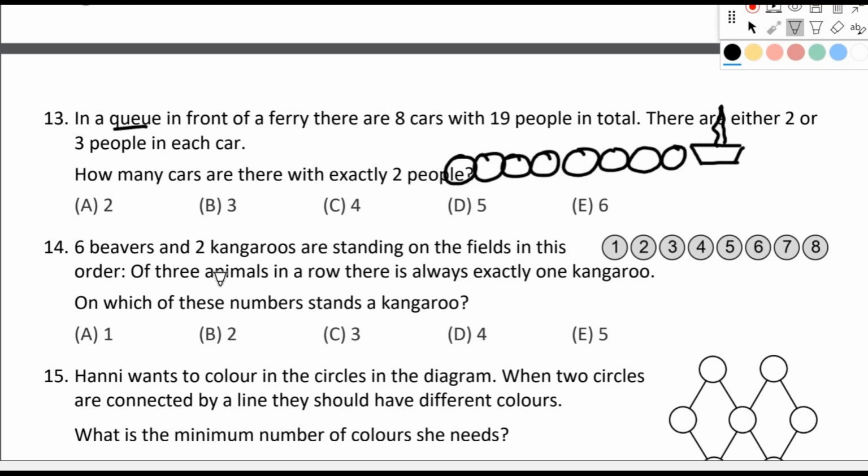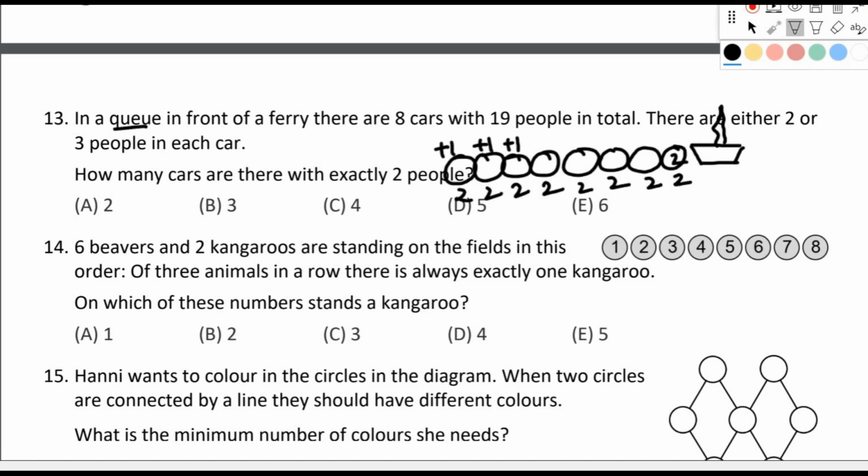So what I'm doing is filling the cars with 2 people first. So here I'm writing 2, 2, because 19 is the count. 1, 2, 3, 4, 5, 6, 7, 8, 9, 10, 11, 12, 13, 14, 15, 16, 17, 18, 19.